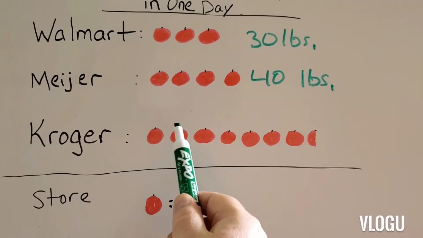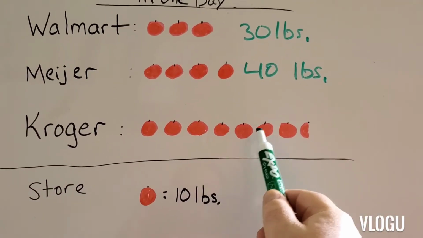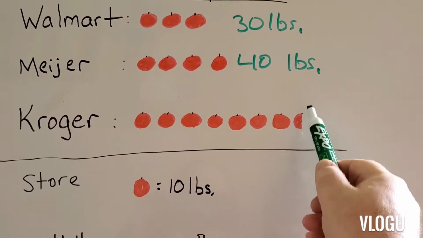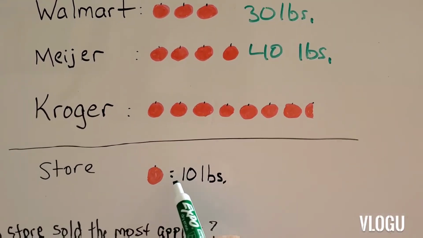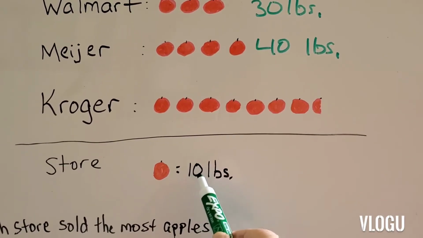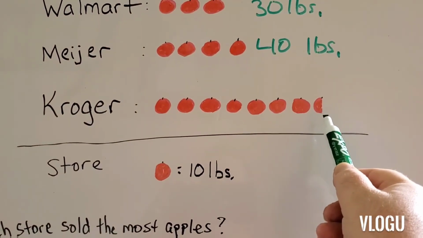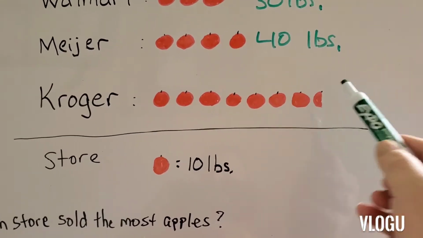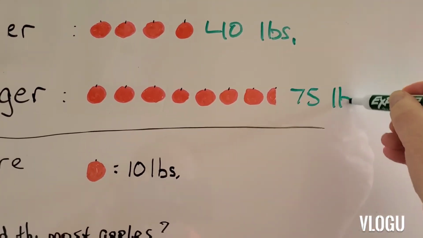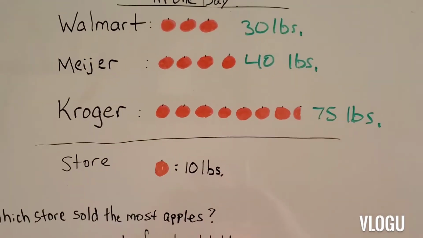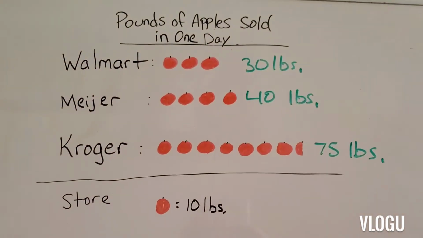Kroger sold 10, 20, 30, 40, 50, 60, 70, and here I have about half of an apple. So if a whole apple is 10 pounds, half an apple would be 5 pounds. 70 plus 5, 75 pounds of apples in one day.